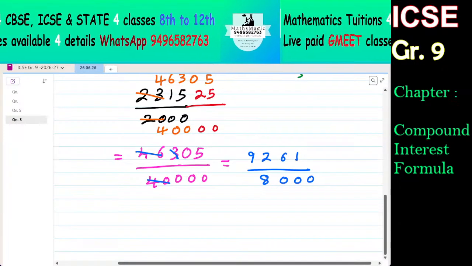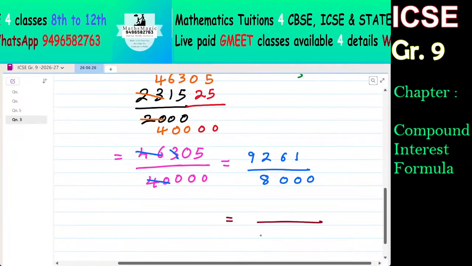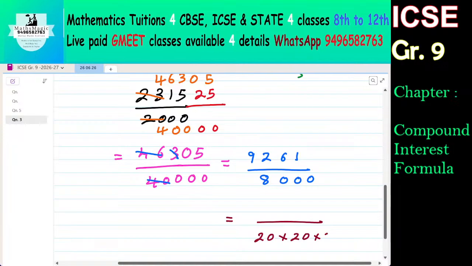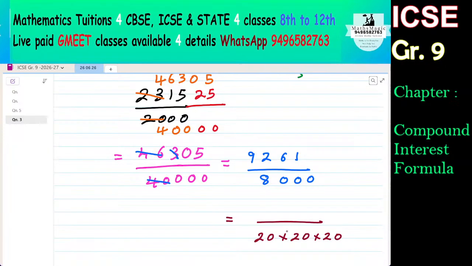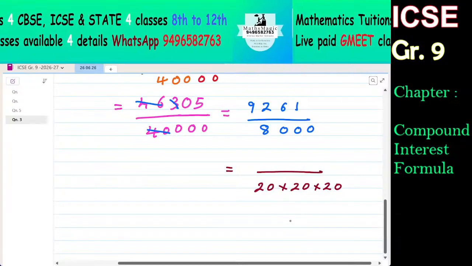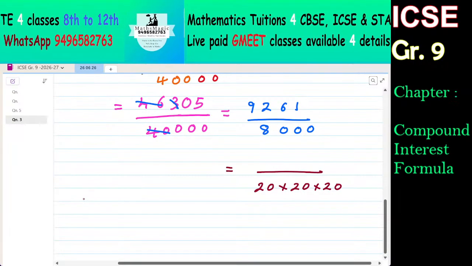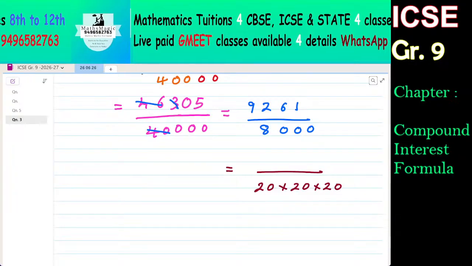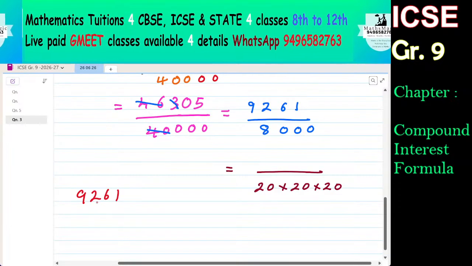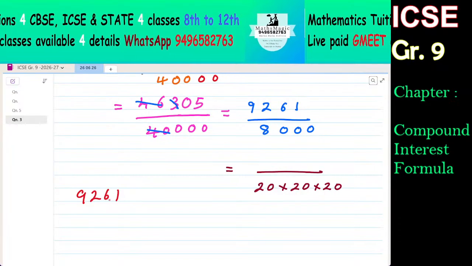If you closely watch the denominator, we can easily write it as 20 times 20 times 20, because we need to express this as a power of 3. So try to factorize this 9261. 9 plus 2 is 11, 11 plus 6 is 17, 18.